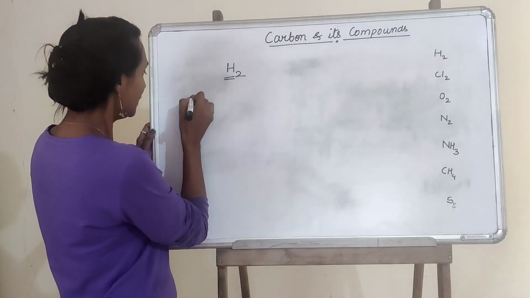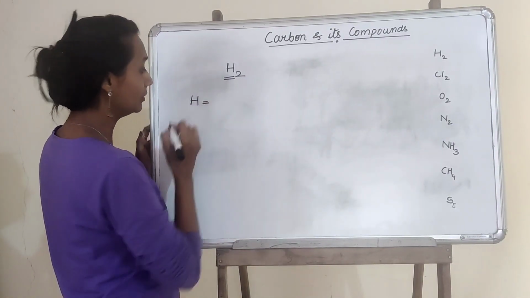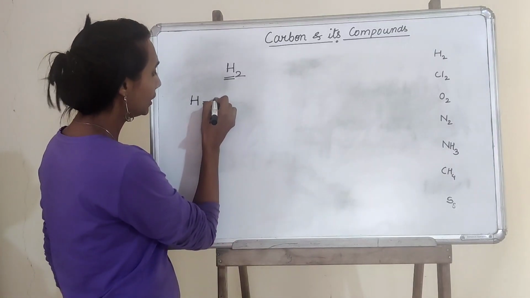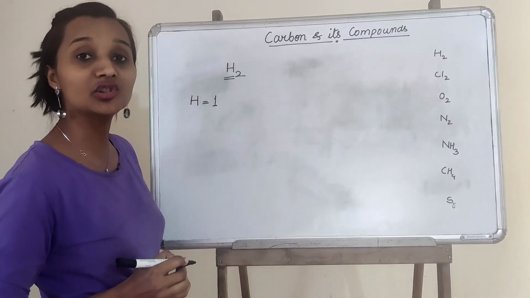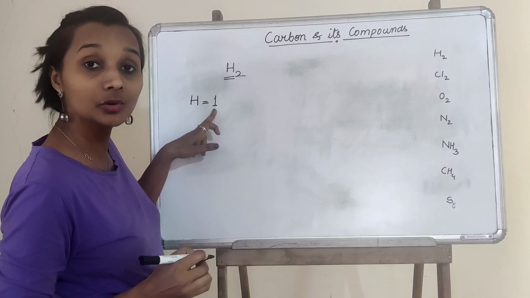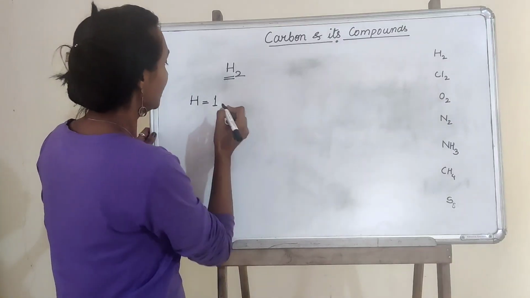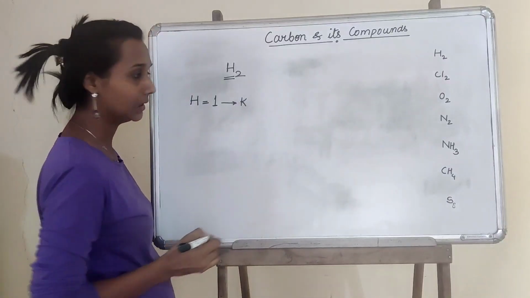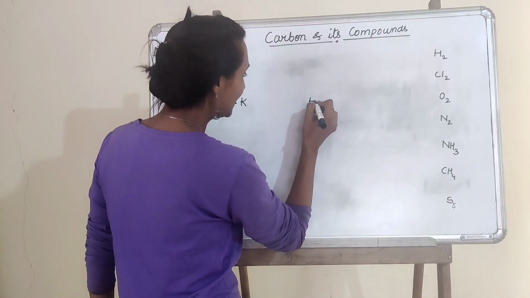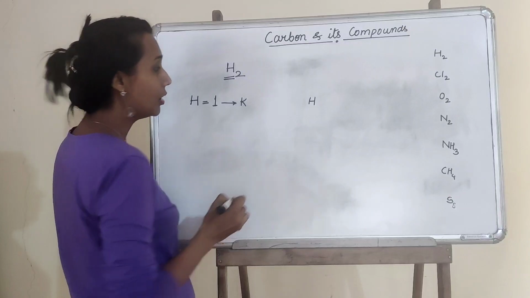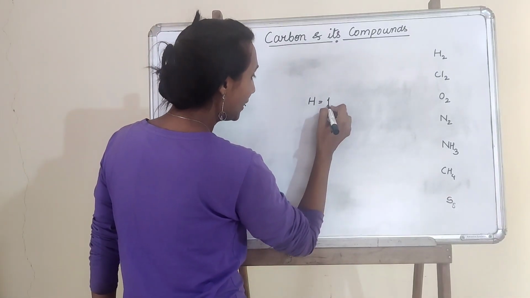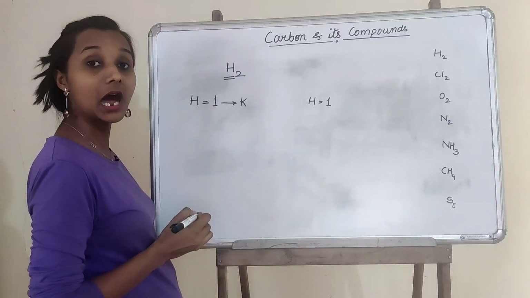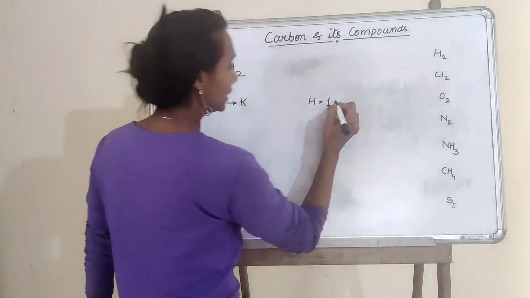Now, here one hydrogen will have only one electron in its outermost shell. This outermost shell is K shell. Now, the other hydrogen will have one electron in its outermost shell.